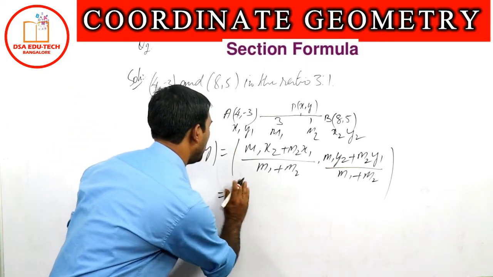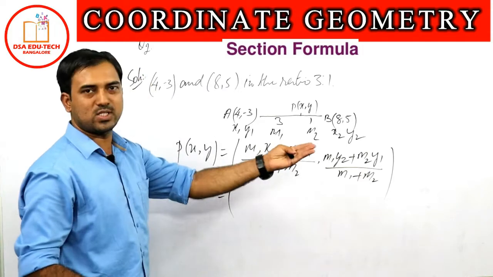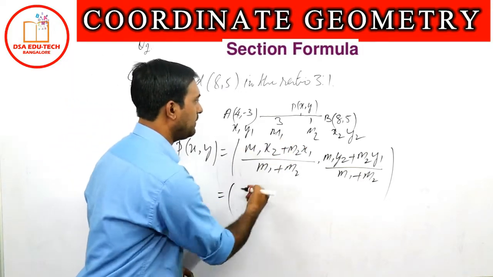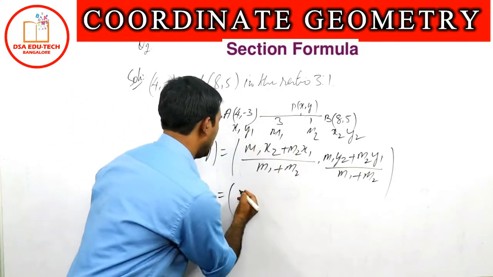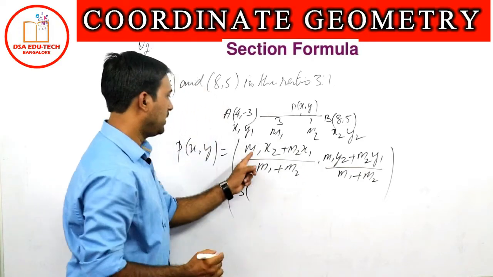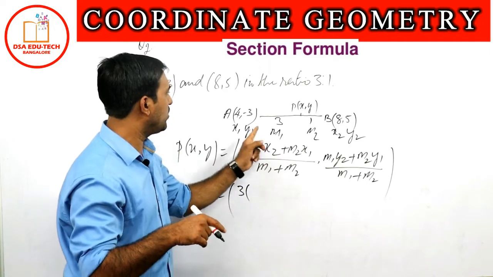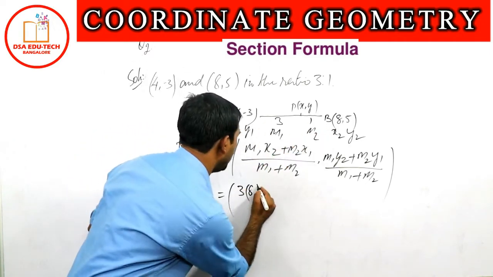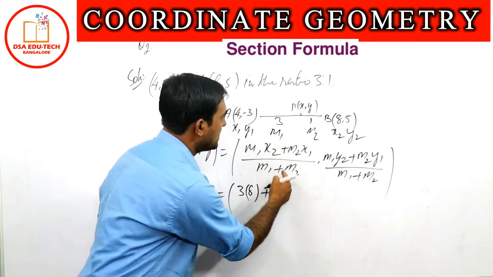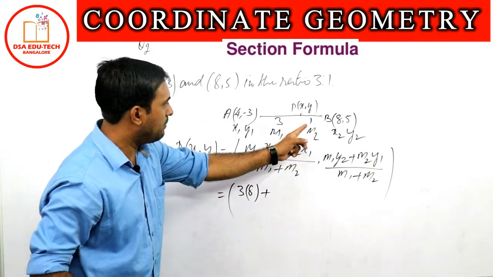We know m1, m2, x1, x2 and so on. What is m1? Yes, m1 is 3. So I'll write 3 into m1 into x2, right? x2 is 8, plus, m2 is 1.